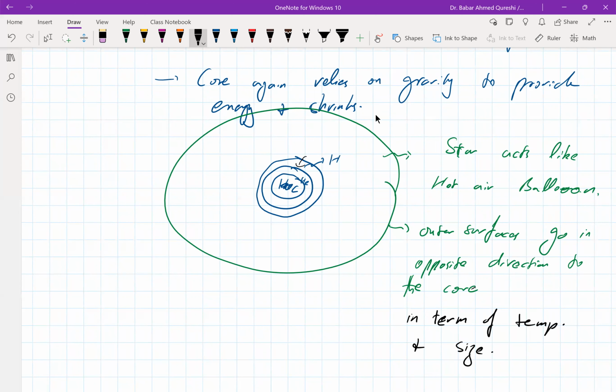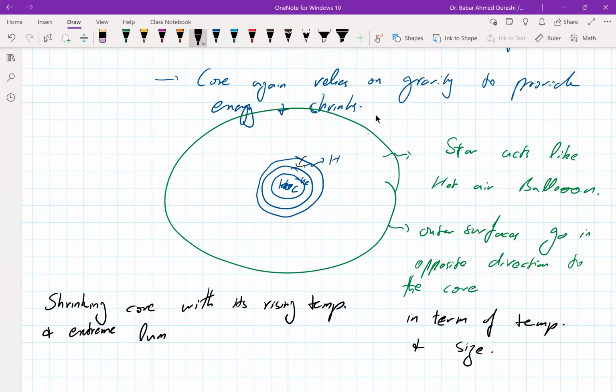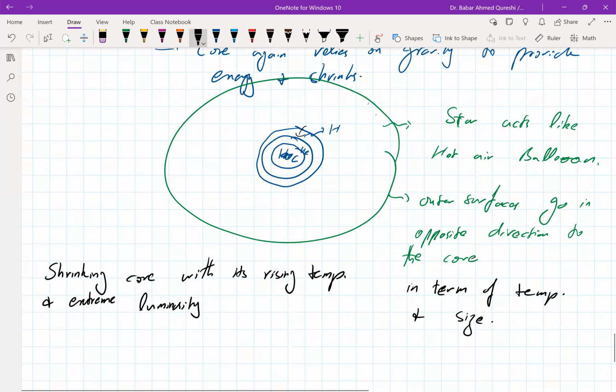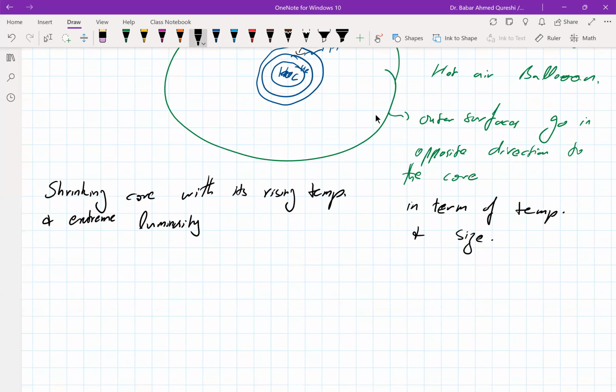But it's a hot air balloon. As the core shrinks and goes up in temperature, with its rising temperature and extreme luminosity, because it's now at a very high temperature, it gives off way too much light, and that inflates the balloon.